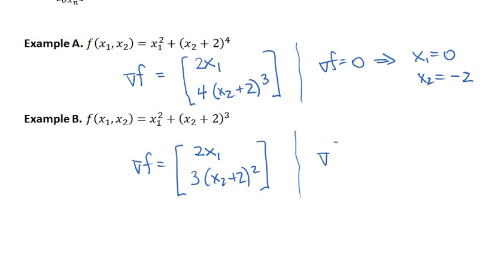And so if we require the gradient to be 0, then again the first component tells us that x1 is 0, and the second component tells us that x2 is negative 2, same as before. So both of these examples have the same first order necessary conditions for a minimum.